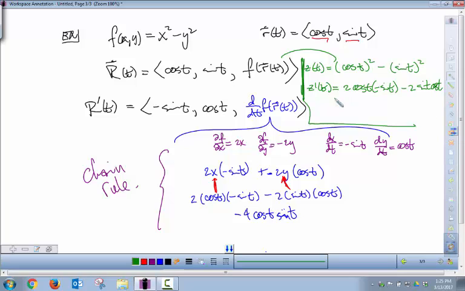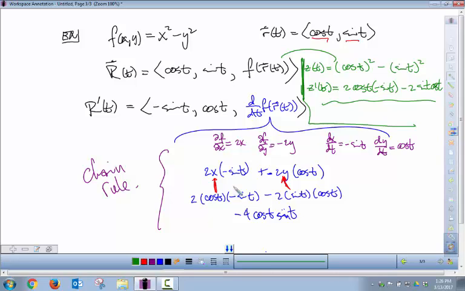So like I said, sometimes it's easy to do the composition and then take the derivative, but sometimes if your function gets a little bit more complicated, then the chain rule might look a lot easier. Pick your battles. Okay? Questions?